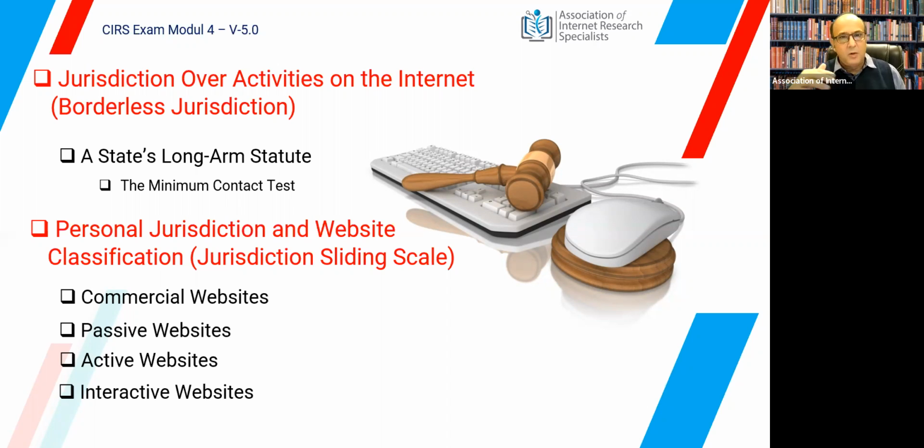It's just there for presenting a set of information. So that is passive. A passive website means less onus on the person who owns the website, versus more of the onus of responsibility if it is a commercial website.